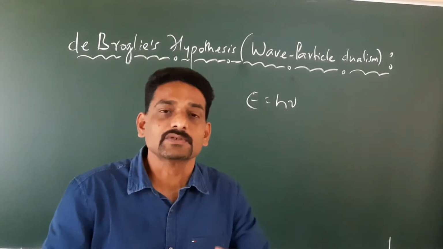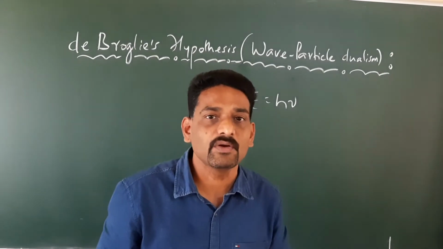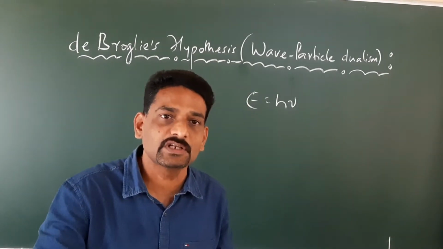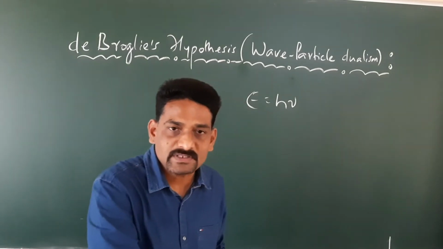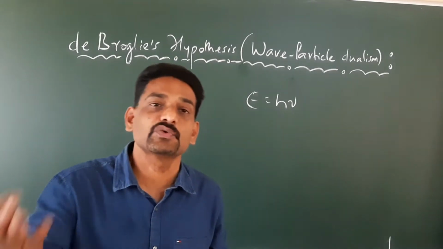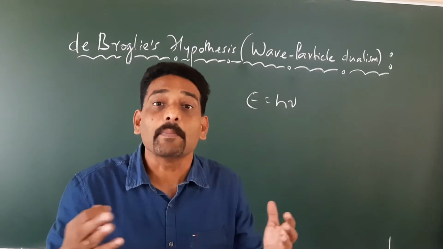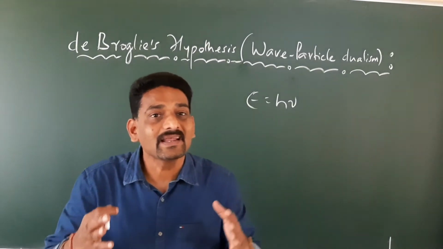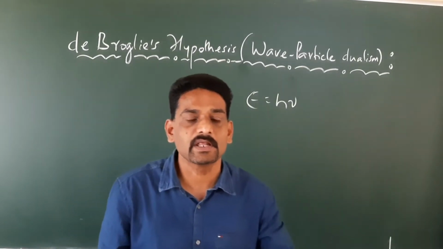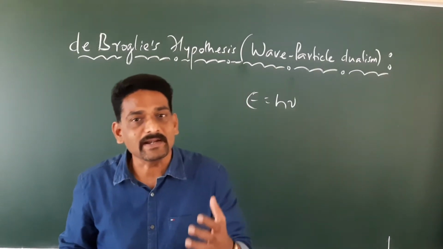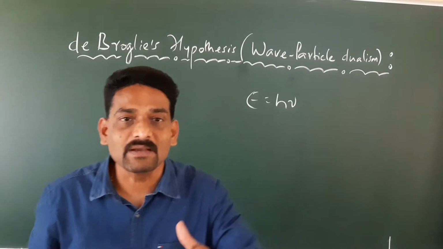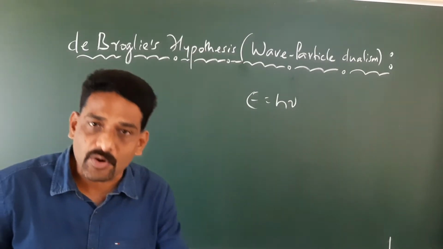Only by considering light as a wave do we explain interference, diffraction, polarization, and so on. But we have experiments like Compton scattering and the photoelectric effect, in which we consider light as a particle. So this clearly indicates that light is exhibiting dual nature. Sometimes light behaves like a particle, sometimes like a wave.